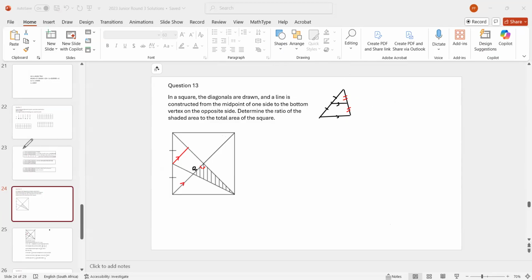I can still take a triangle, but I don't have to take the midpoint. I can take, let me use black. So I can have a triangle.